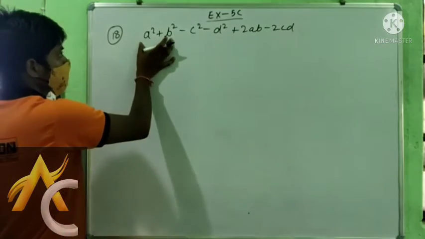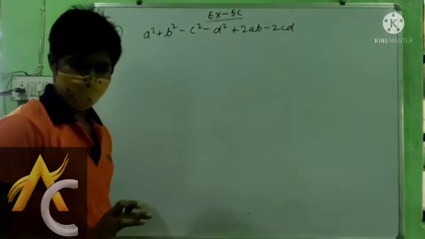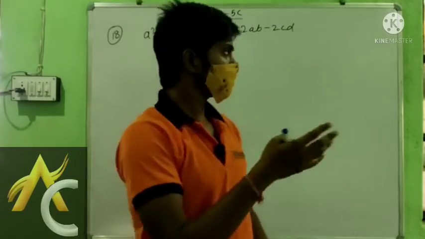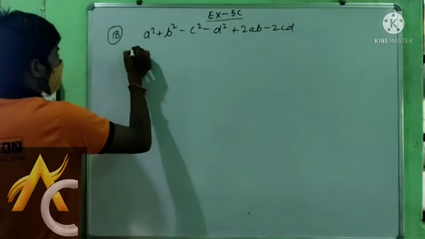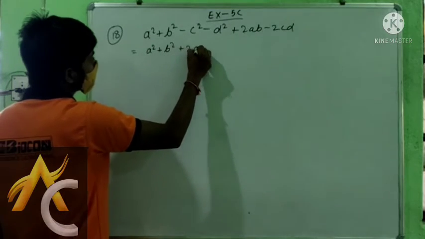Now since a square plus b square plus 2ab is the formula of a plus b whole square, we will write it at one place, a square plus b square plus 2ab.